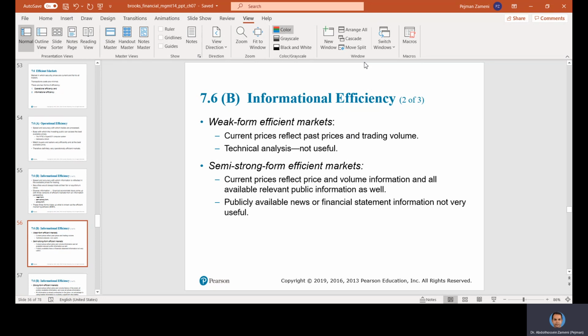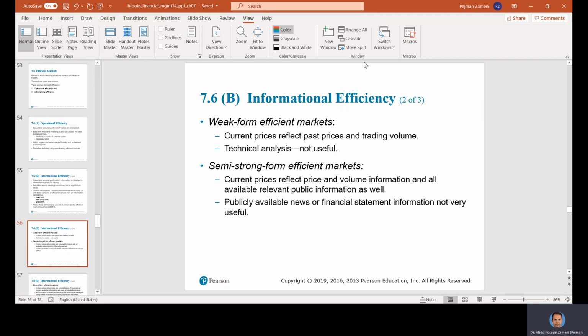What does that mean? It means that by analyzing the past information, past prices, we should not be able to find any constant abnormal profit or return. Okay, why? Because all the prices, all the information, past news already have been reflected in the price of a share.